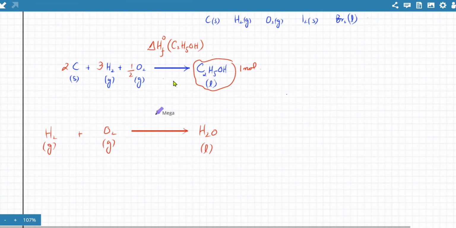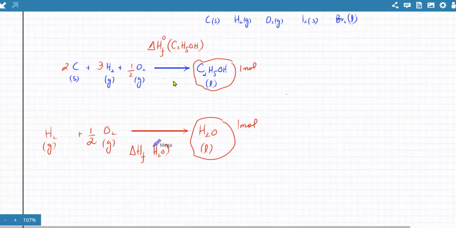And again, this at all costs has to be kept as 1 mole. So if you keep that as 1 mole, then O2 would have to be multiplied by half. So the energy change of this reaction would be called the enthalpy of formation of H2O, because in this reaction you're making 1 mole of water from its elements.